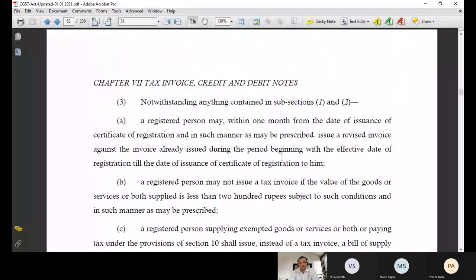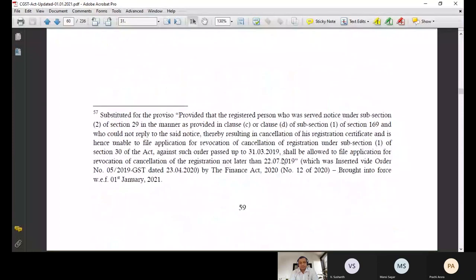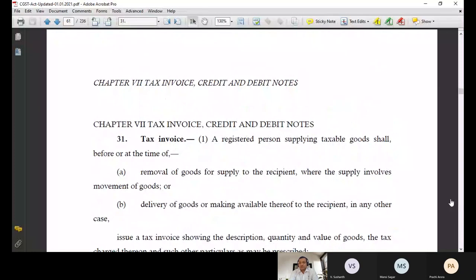It starts with section 31. So let me first show you the CGST Act, and then give you an idea of what topics I am going to discuss. This is my CGST Act. As you can see, it is chapter 7 of the CGST Act, tax invoice, credit and debit notes.